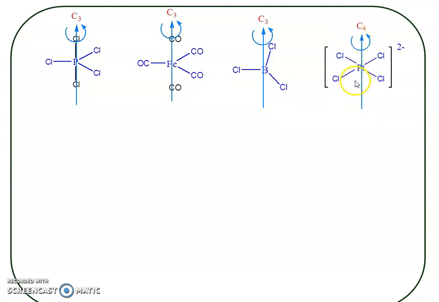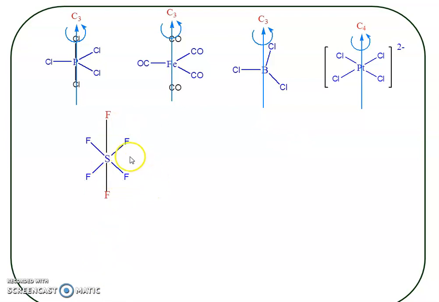When this molecule is rotated through 90 degrees, we get an equivalent structure, and when the molecule is rotated 4 times through 90 degrees, we get an identical structure. And therefore the proper rotational axis present in this molecule is C4.